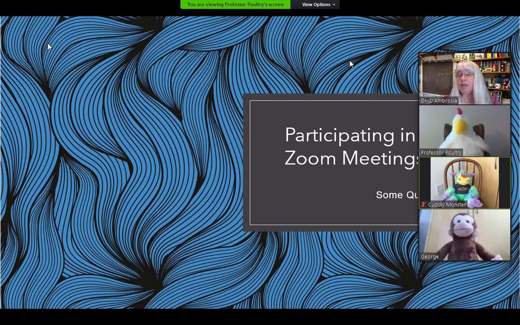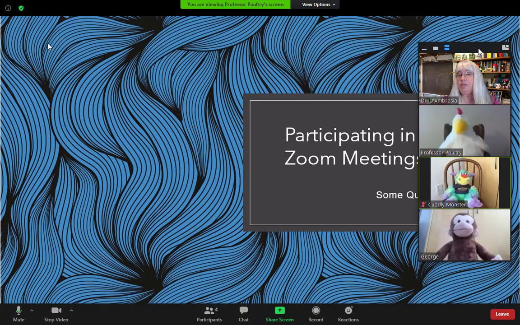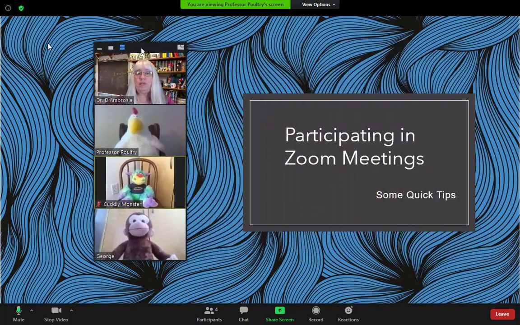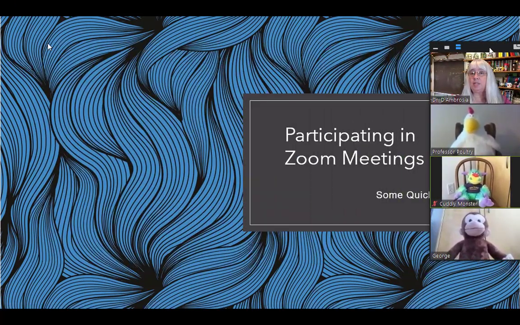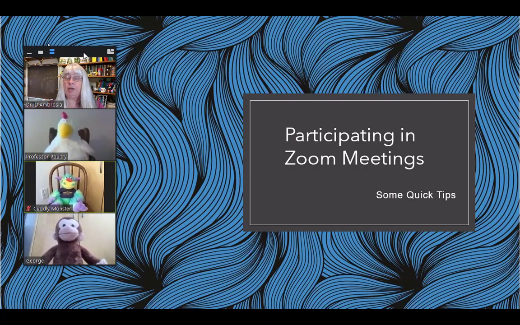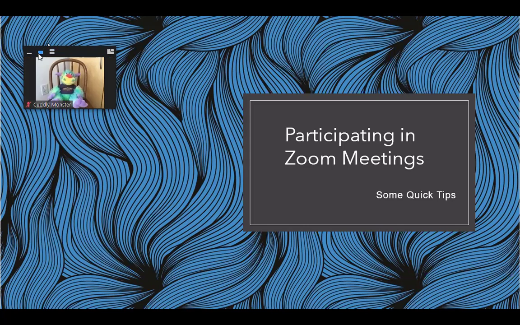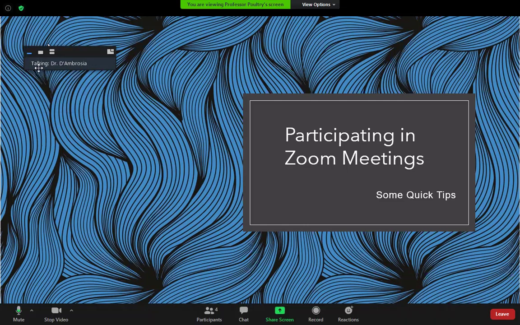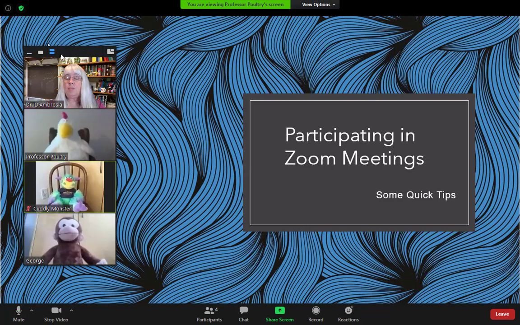If I uncheck that, then the thumbnails will be floating. I can move them to other places, but they're going to cover up part of what Professor Paltry is sharing with us. I can reduce this so that I see only one person. I can reduce it further so that I just see who's talking without actually seeing any video.